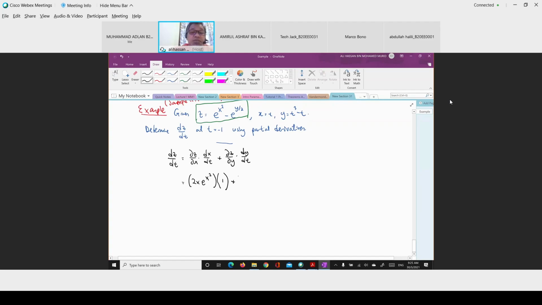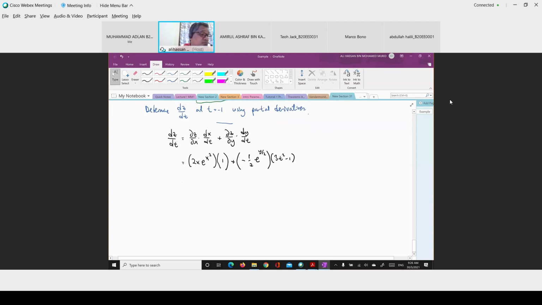What about z partial y? Minus a half e to the power of y over 2, isn't it? And dy/dt is 3t squared minus 1. So that is dz/dt.